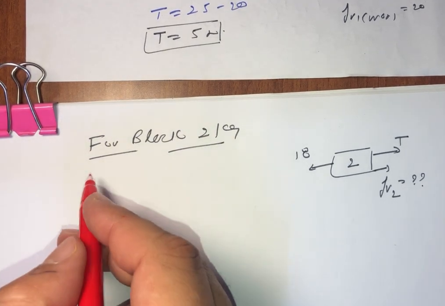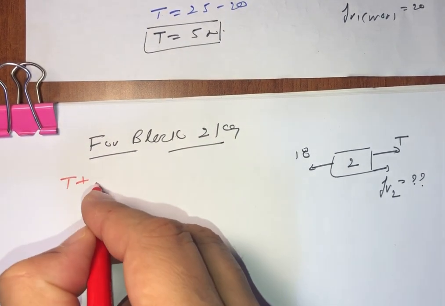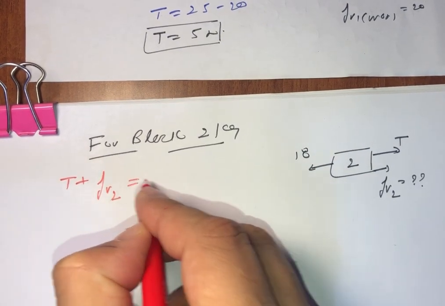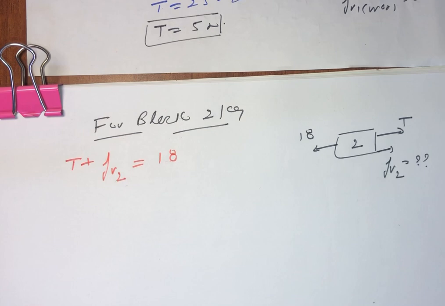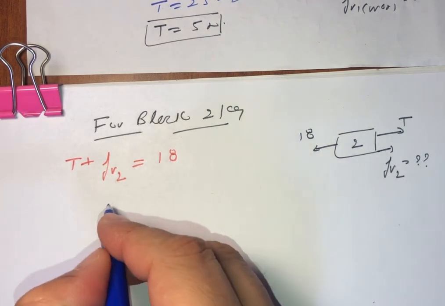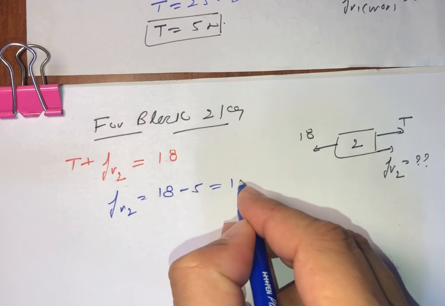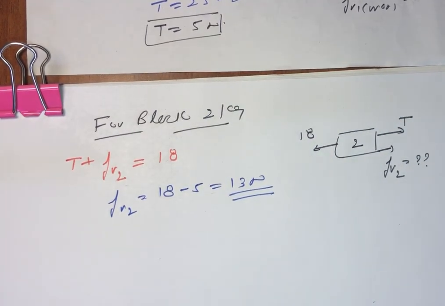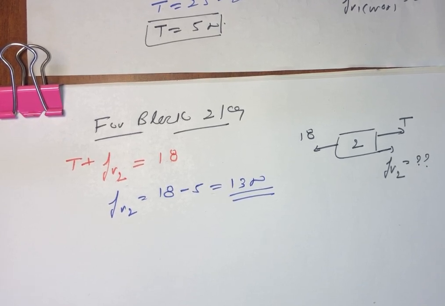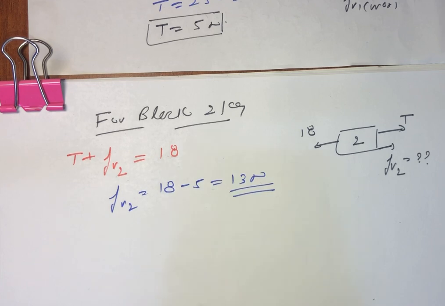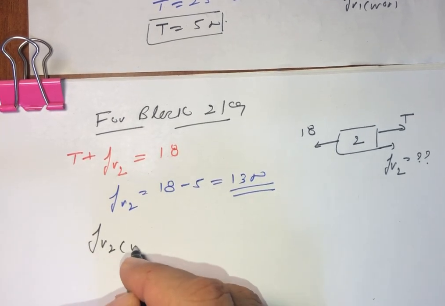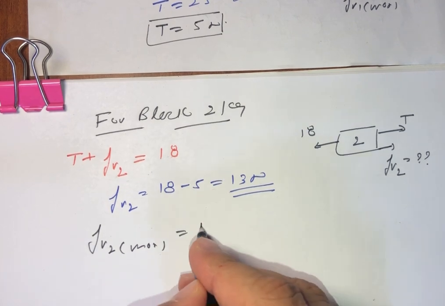You can see that T plus FR2 will be equal to 18 Newton, and we know value of T is 5 Newton. You can say that FR2 will be 18 minus 5, that is equal to 13 Newton. So total value of FR2 max is only 10 Newton.